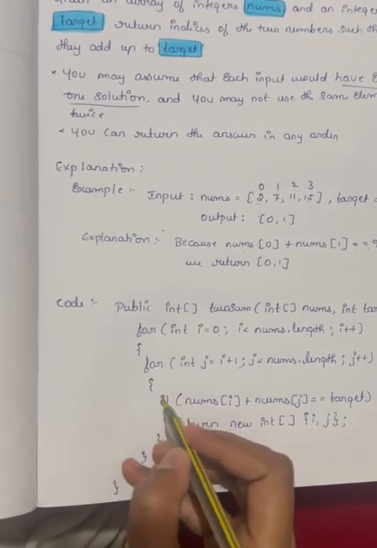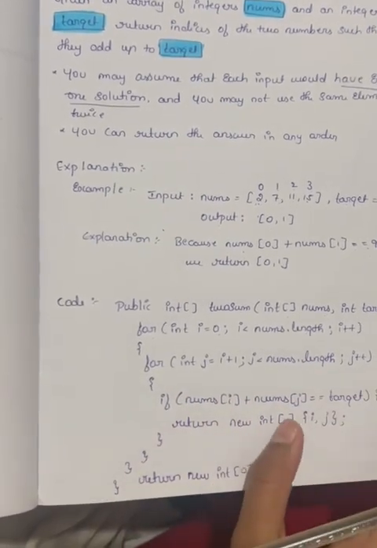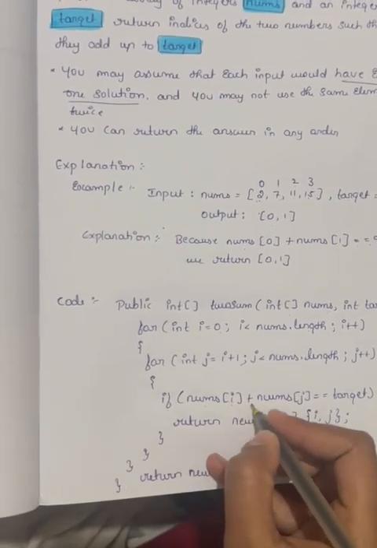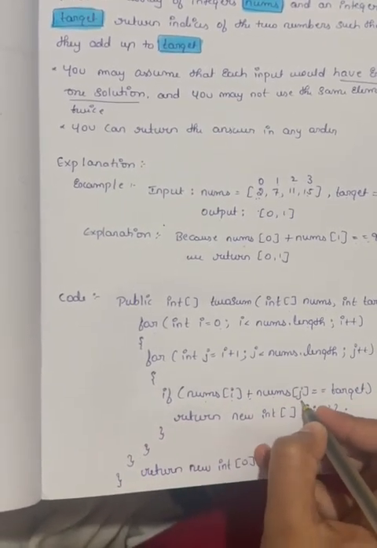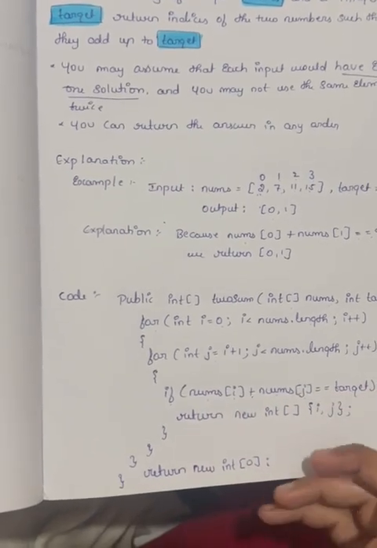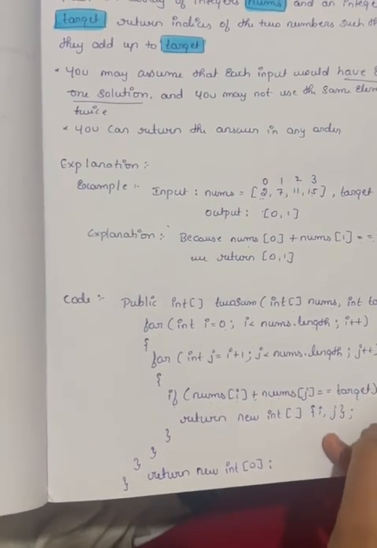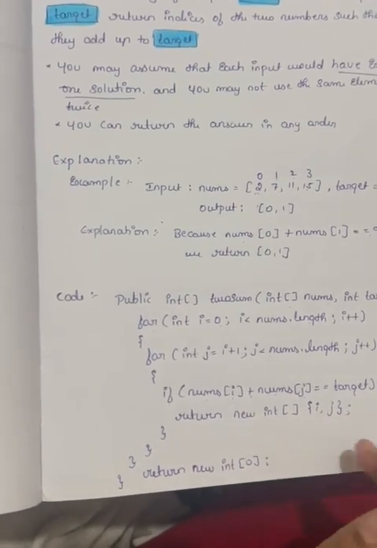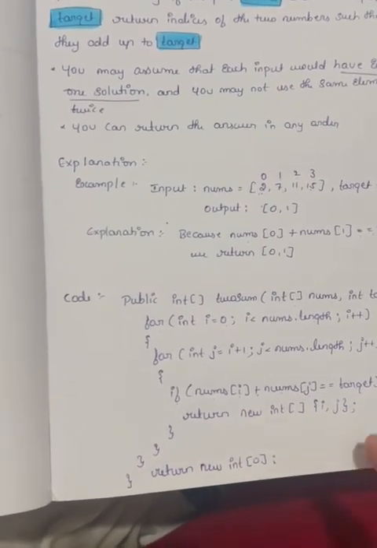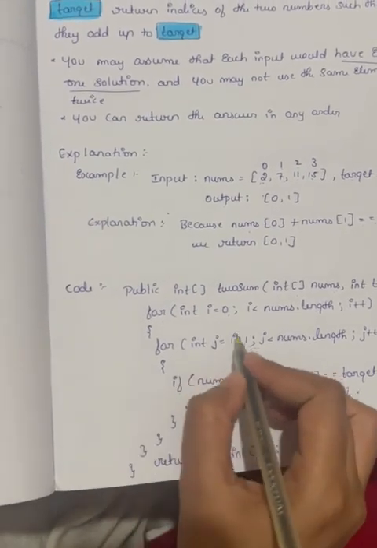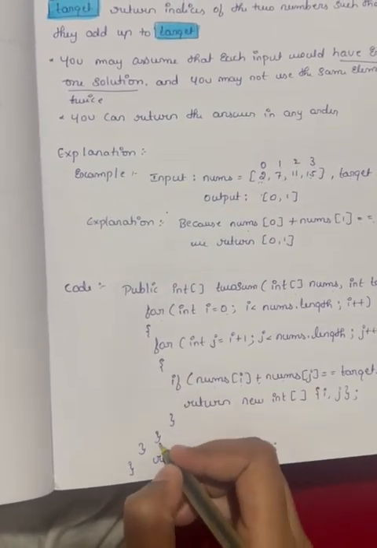I have opened the curly braces. I am checking the condition: if nums of i plus nums of j, the two sum, is equal to the target, then I'll be returning it in an array in the form of i comma j, and I'll be closing this if block, the j loop and the i loop.